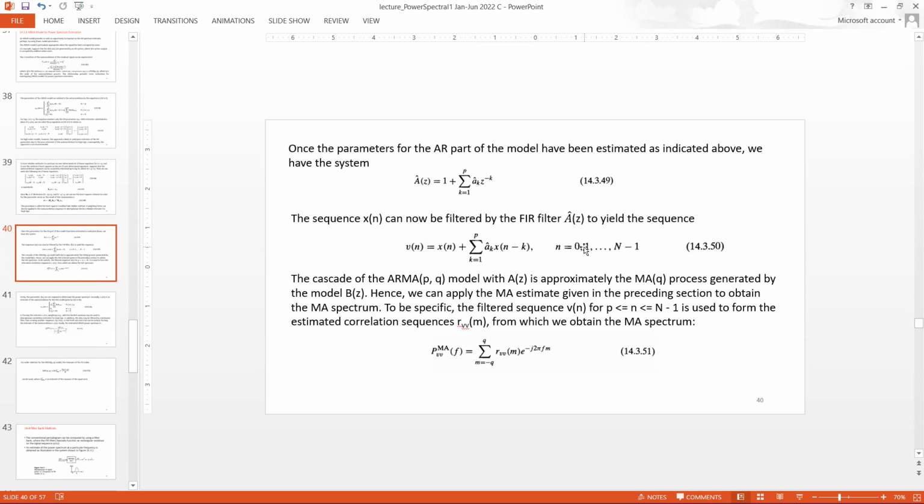And then the cascaded ARMA PQ model with AZ approximately the MAQ process generated by the model BZ.